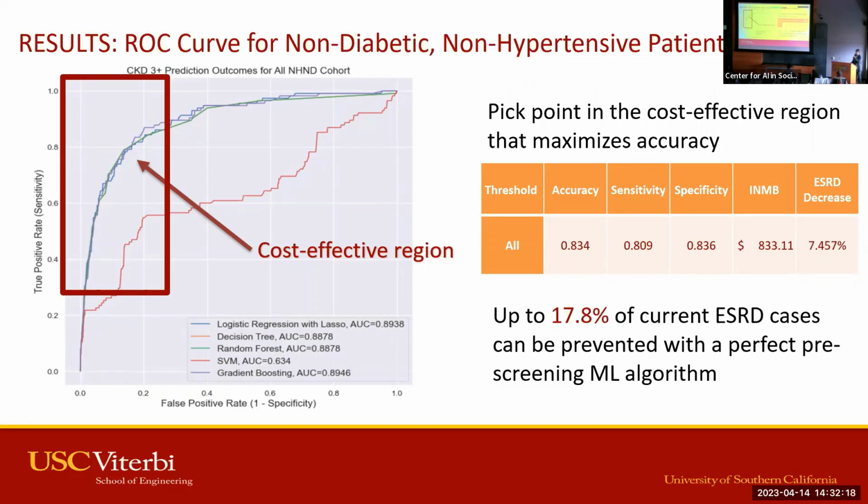So within this region, we pick a point that maximizes the accuracy, and we indeed observe that it increased the incremental net monetary benefits by over $800, which just means that we obtain a better health outcome with less money. And with this framework, we can also save up to 18% of the current ESRD cases.